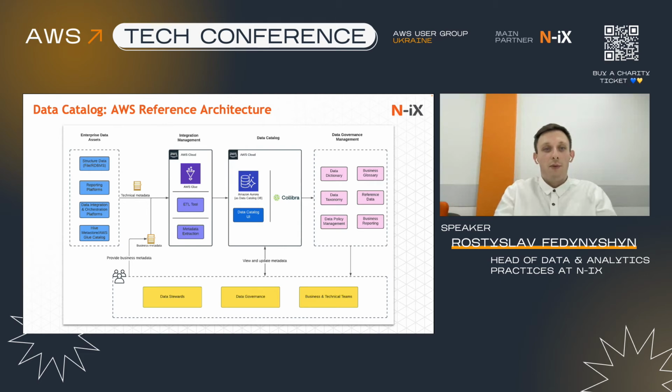Also, we can have Collibra as a data catalog, for decreased time to market. And in that case, technical metadata will be captured by some scheduled Collibra capabilities. Collibra will centralize, govern, and certify reports, and technical metadata will be enriched with business metadata related to objects and attributes.